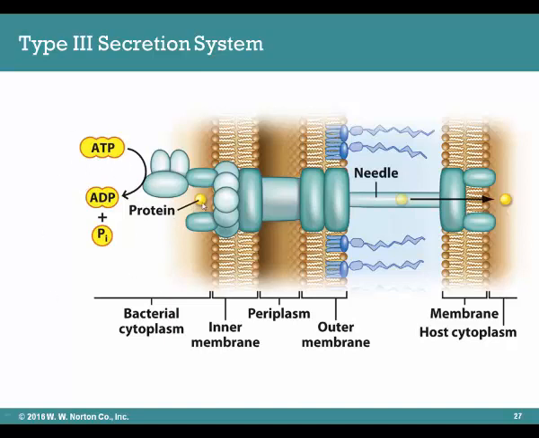It's now produced the protein exotoxins, and because a protein can't freely cross the inner and outer membranes, it instead goes through a channel that serves sort of like a needle, where it actually crosses not just the periplasm, but also the space in between the bacterium and the host cell to deliver the exotoxin directly into the host cell.